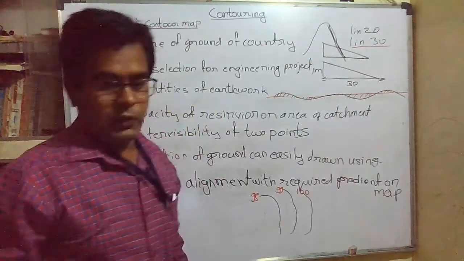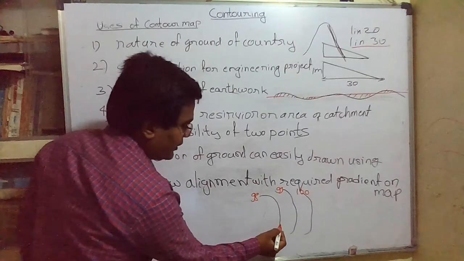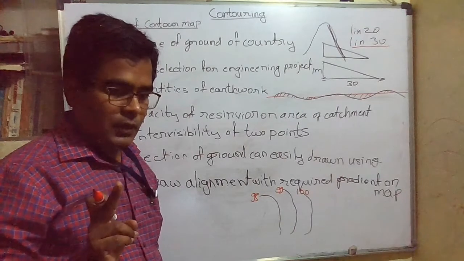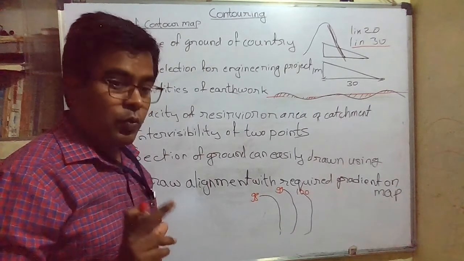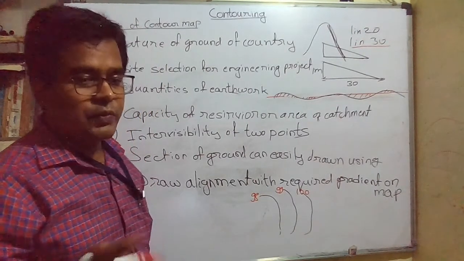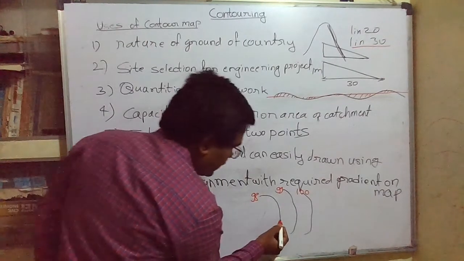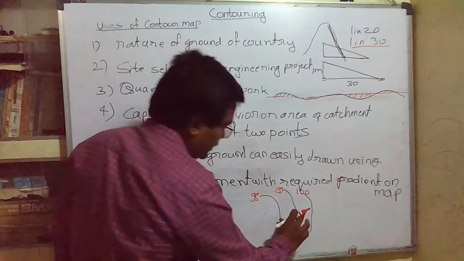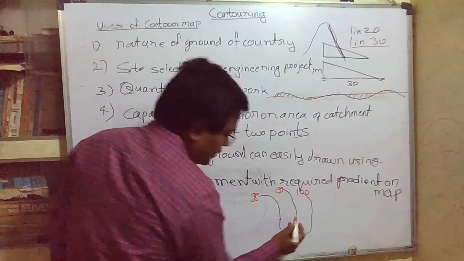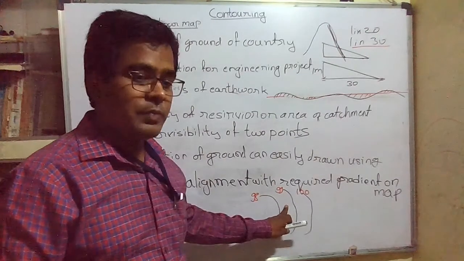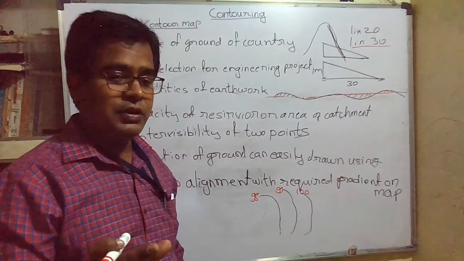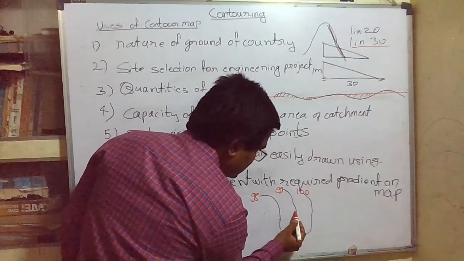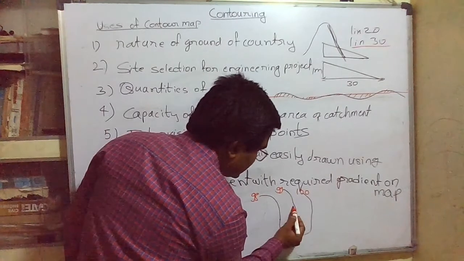So this is 98 meter and this is 99 meter, which means there is a difference of 1 meter. So we got the vertical. Now what about the horizontal distance? We take one point here, and with the scale of this contour map we can decide the distance of 20 meters. We convert that into the map scale and see where this 20 meters comes on the map.